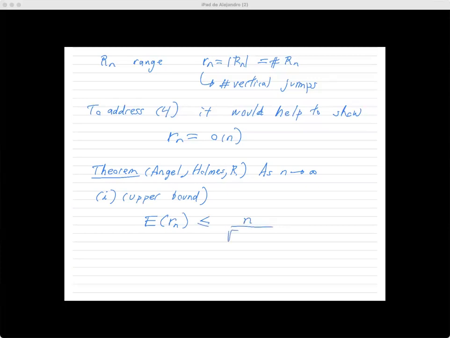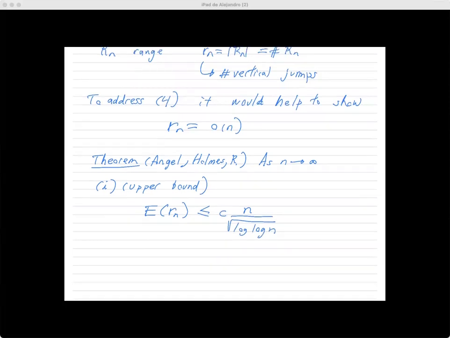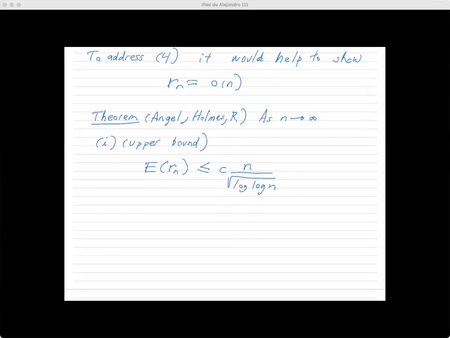We were able to obtain this bound, the log n. There's a constant here, which, I will explain why this actually is not, we believe it's far from the right behavior of the range.